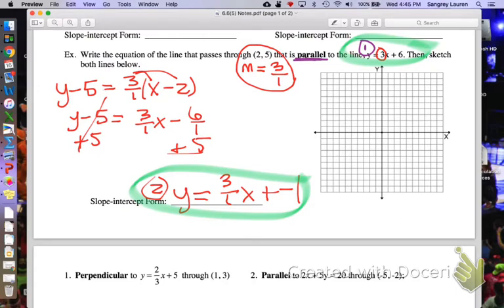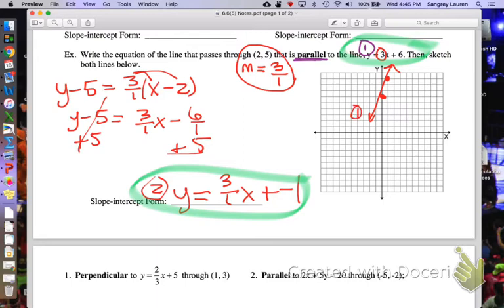Now we need to graph. So if we look at line number 1, think about what do we graph first. We always graph the y-intercept, which is 6. So I'm starting in the middle and I go up 1, 2, 3, 4, 5, 6. Then I use the slope. So that's rise over run, 3 over 1. So I rise 1, 2, 3, run 1.